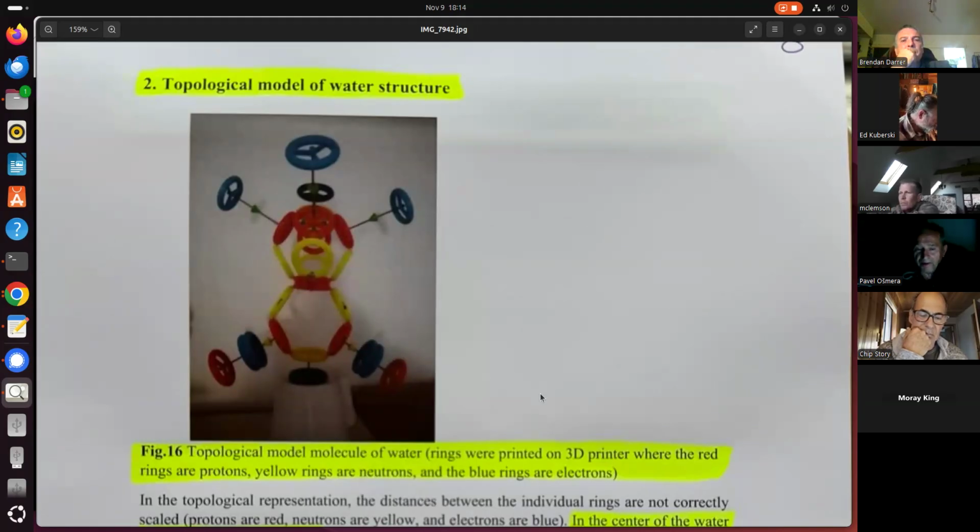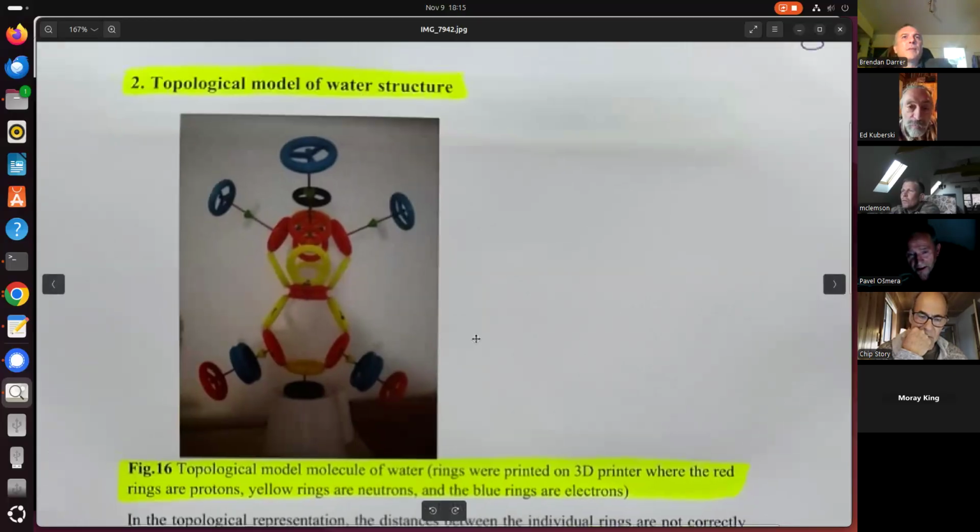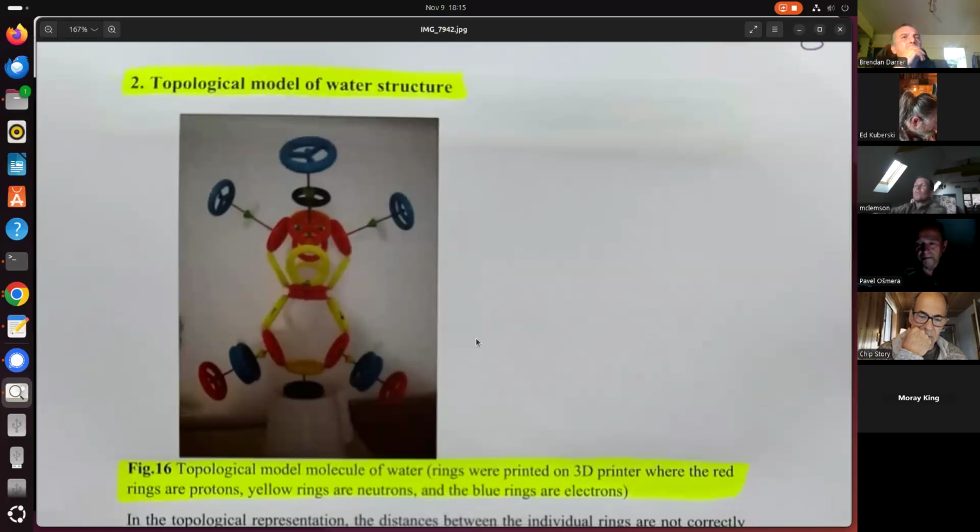But if we use the right scale, the center will be only a dot. We cannot see this connection. That's why we use this topological structure, so that we can recognize the connection of these rings to each other.